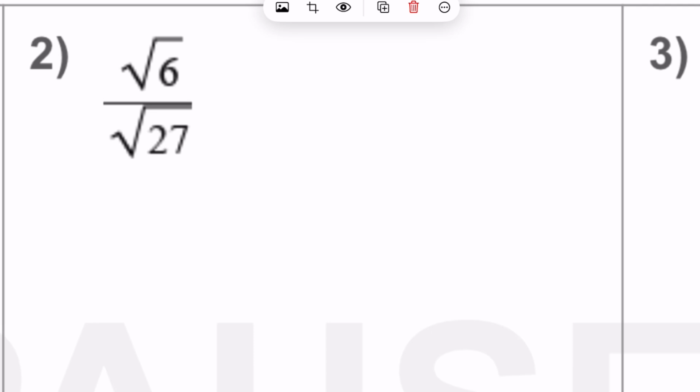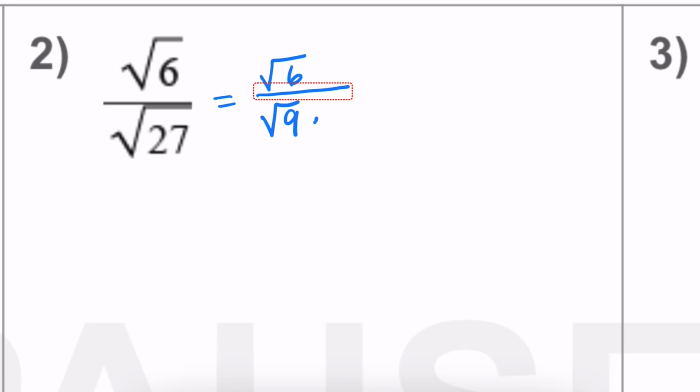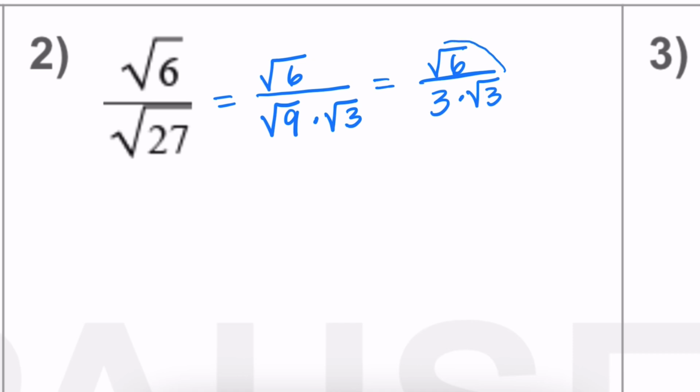For the square root of 6, it is not a perfect square, and neither is 27. But for 27, one of the factors is a perfect square. So we're going to rewrite this as the square root of 6 over the square root of 9 times the square root of 3. This is going to get me the square root of 6 up top. And the square root of 9 is 3 times the square root of 3. But I can combine these two right here.